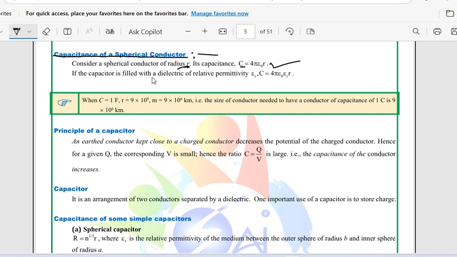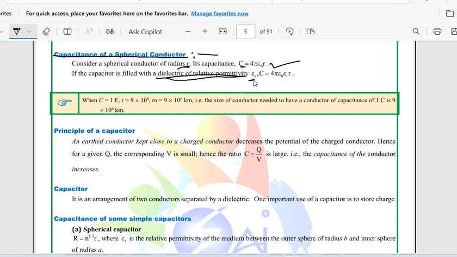If the capacitor is filled with a dielectric of relative permittivity, I will explain the dielectric in detail later.